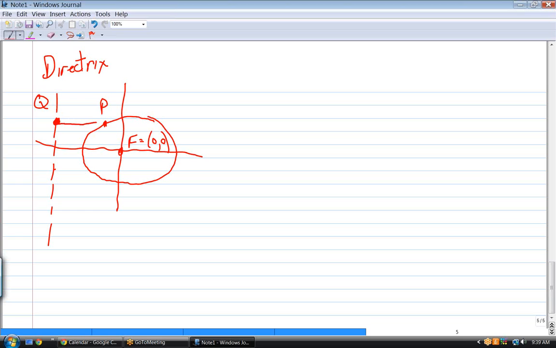This perpendicular distance from Q to P compares with P to F, in that PF divided by PQ is less than 1.